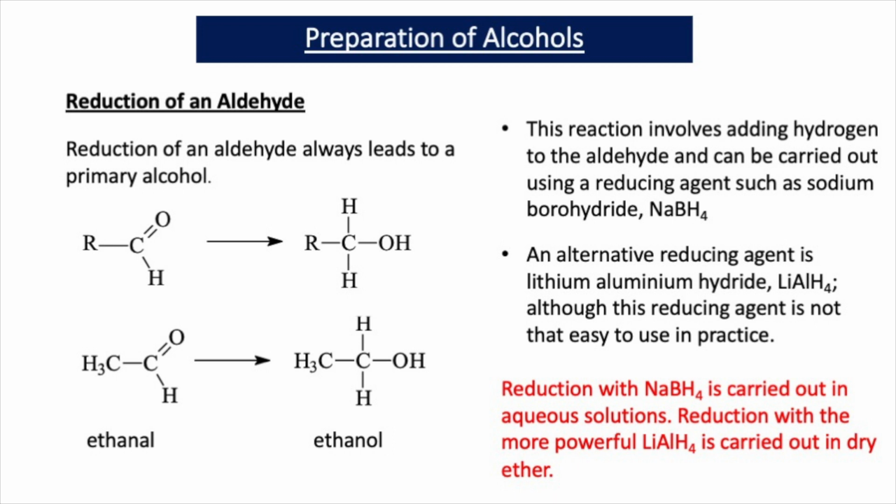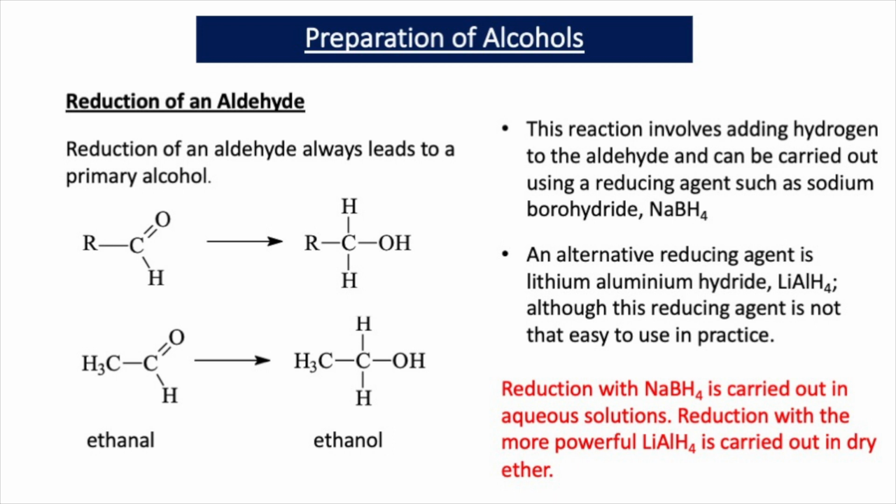The first is sodium borohydride, NaBH4, and this reducing agent works in water, in aqueous solutions. Now, the second reducing agent you need to learn that we could use here is lithium aluminium hydride, LiAlH4. This is a much more powerful reducing agent, and lithium aluminium hydride is used in dry ether.